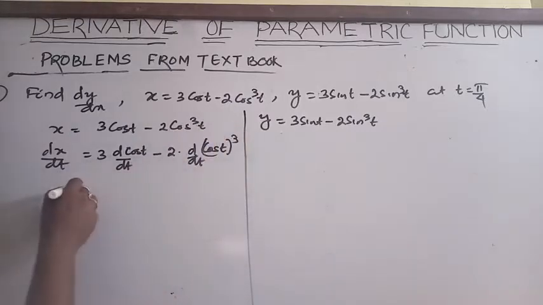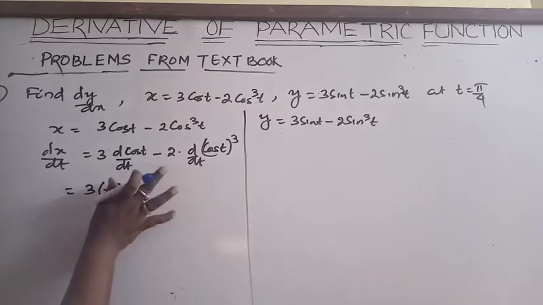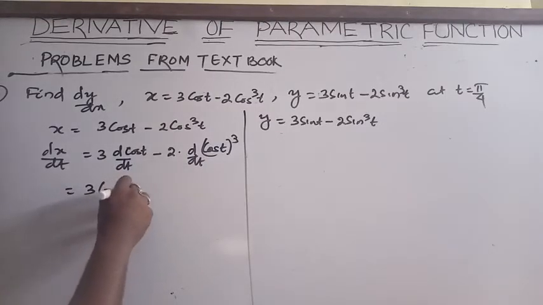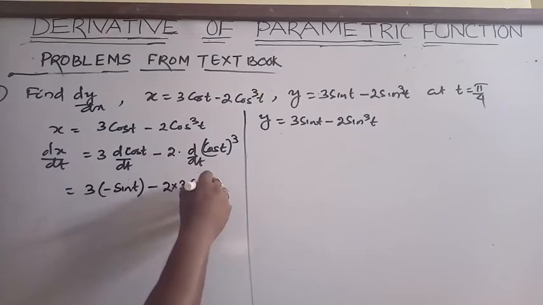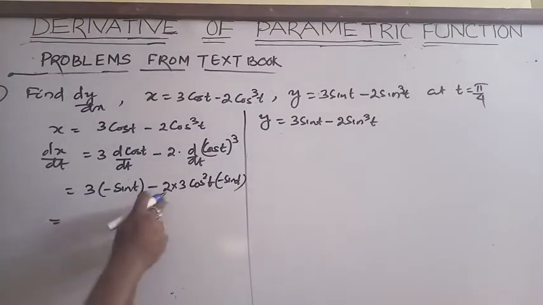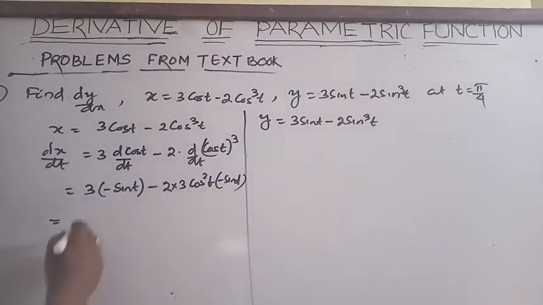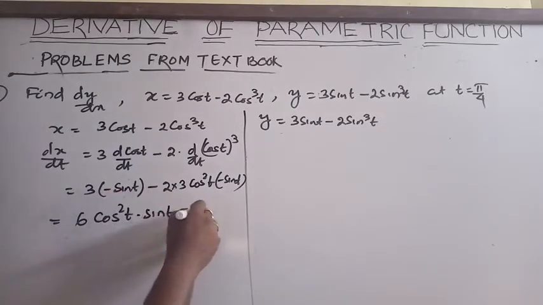So this is equal to 3 into minus sin t, minus 2 into 3 cos square t into the derivative of cos t, which is minus sin t. So this is equal to minus 3 sin t plus 6 cos square t sin t.